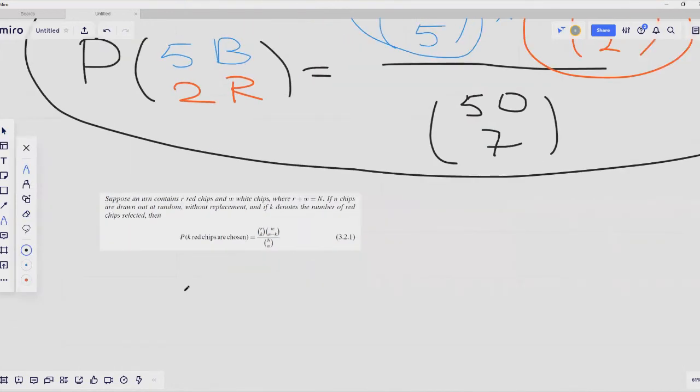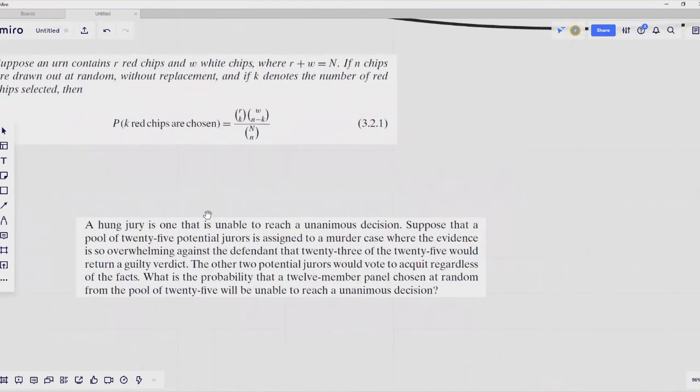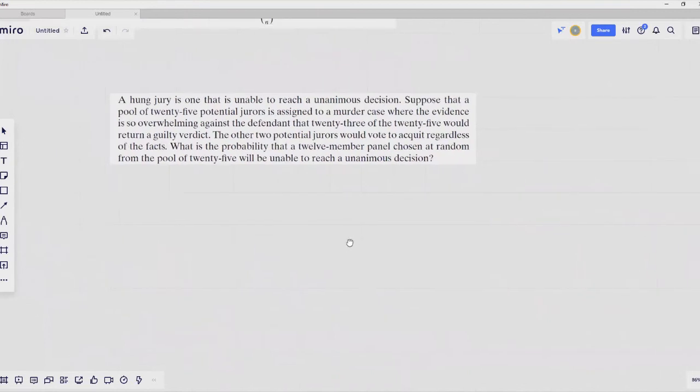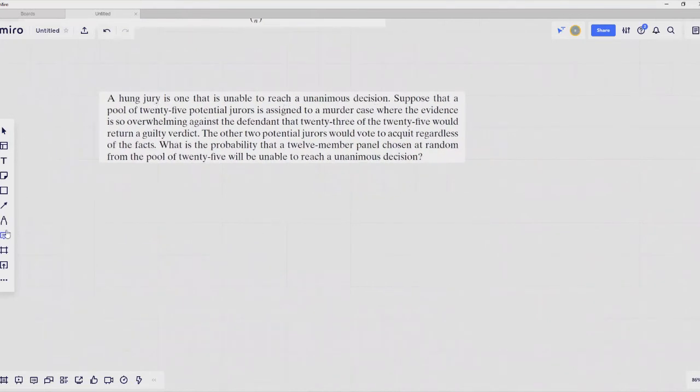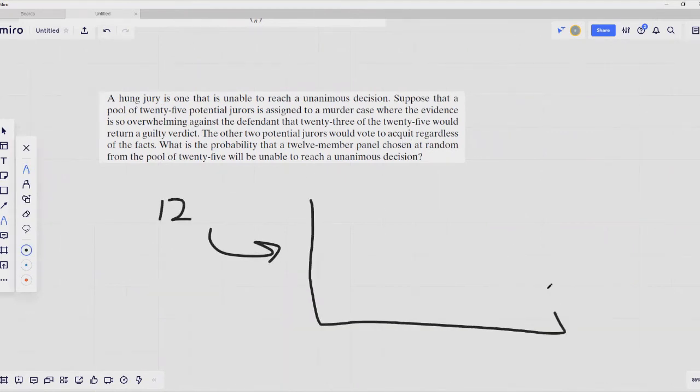Now let's take a look at the following problem. So we have a jury of size 12, chosen from a pool of 25 jury members.